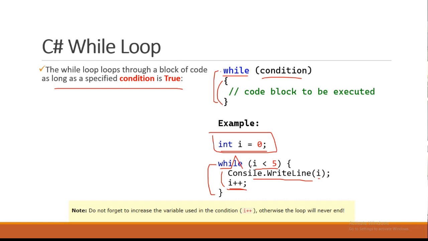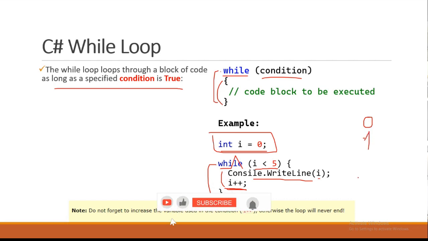What will happen with this code? It will start from 0. The first time, 0 is less than 5, yes, so it will put 0 on screen, and then i will increase one by one and it will be 1.